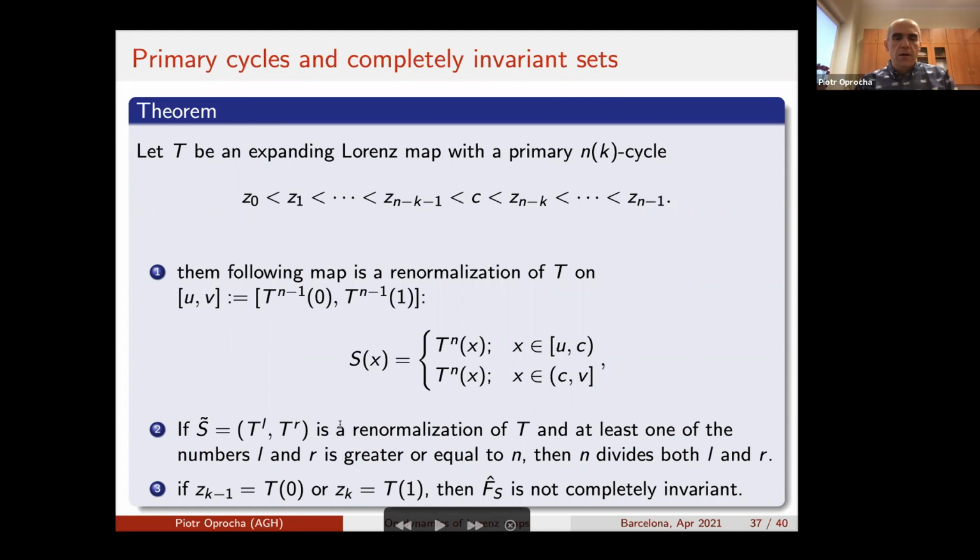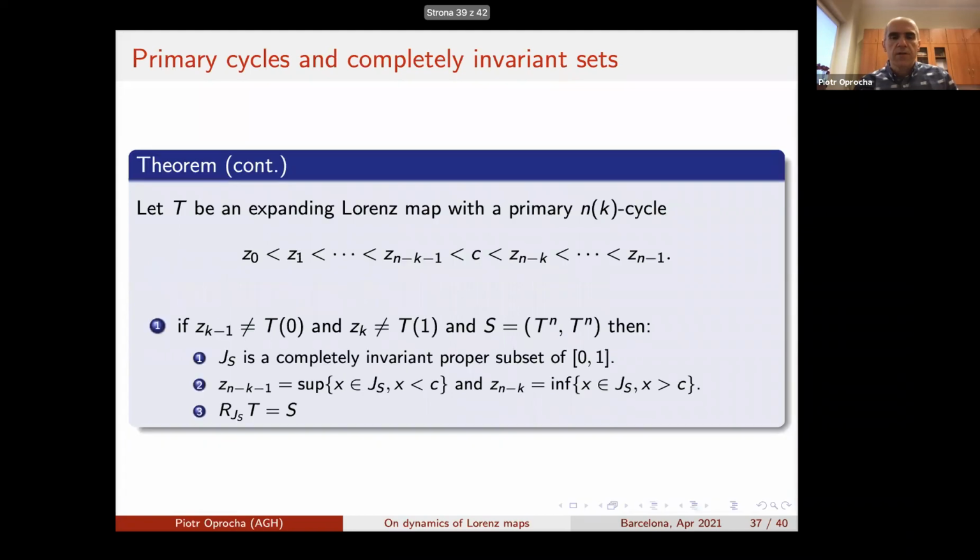However, if the cycle is this boundary example, that boundary case that I was showing you, if it's on the boundary of the region, then Fs won't be completely invariant. But if these are other cases, then what was in Ding, it works. So this set will be good, and it will give you back that renormalization, that one which we found.